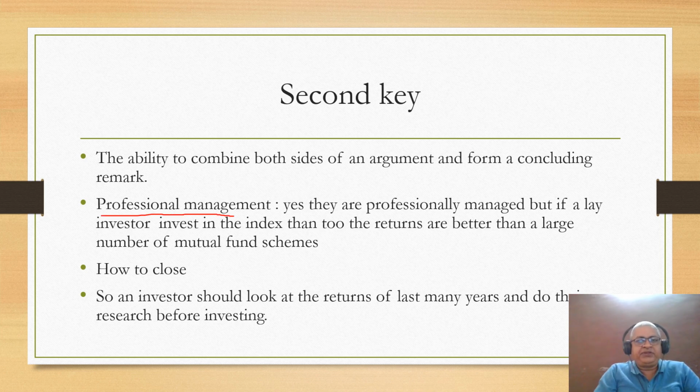You can say that yes, they are professionally managed, but if a lay investor invests in the index, then too, the returns are better than a large number of mutual fund schemes. And then you go ahead and conclude. What is the conclusion? The investor should look at the returns of the last many years and do his research before investing. That is the concluding argument from your side.